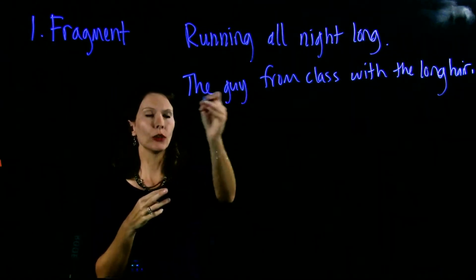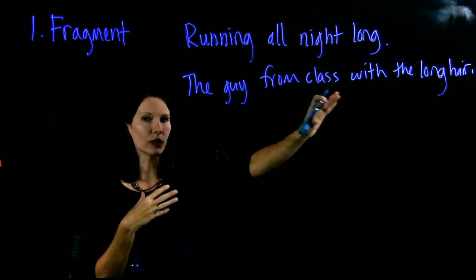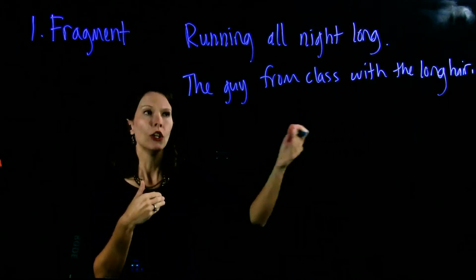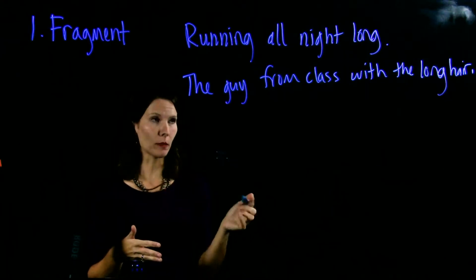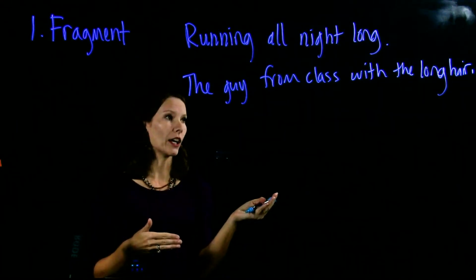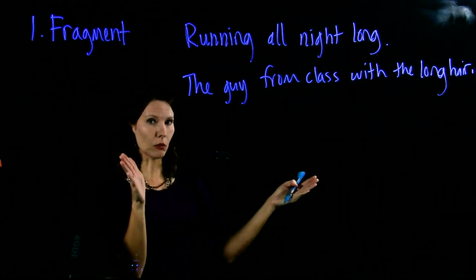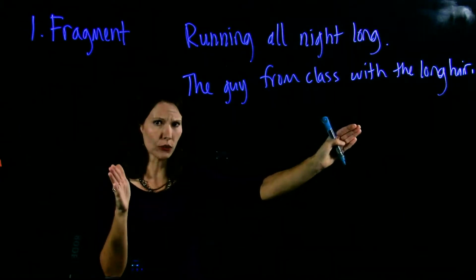So here you could say the guy is the subject, but you don't know what he did. There's no verb, there's no action, therefore it doesn't have a complete thought either. So you could correct it by adding what's missing. In this case, it would be a verb. The guy from class with the long hair is friendly. Is your verb. That completes the thought, so then that would turn that fragment, that sentence error, into a complete sentence.